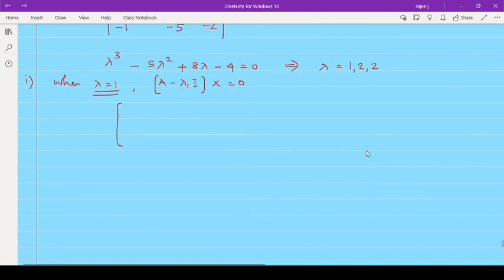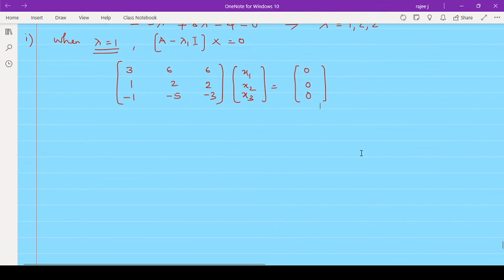So it is 3, 6, 6, then 1, 3 minus 1, that is 2, 2, then minus 1, minus 5, minus 3 of x1, x2, x3 equal to 0, 0, 0.